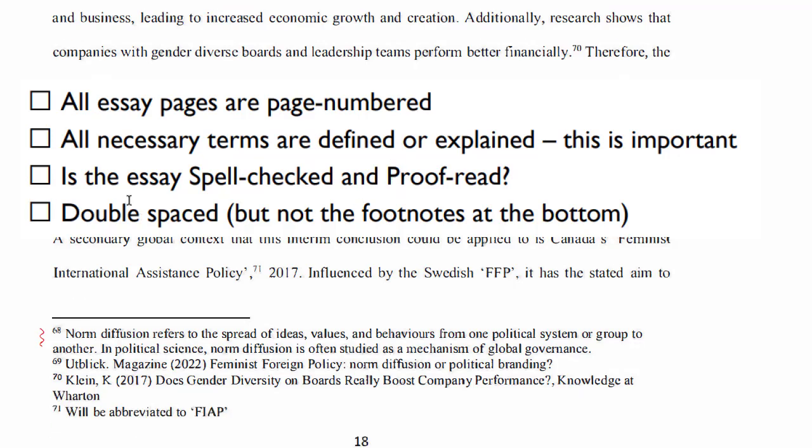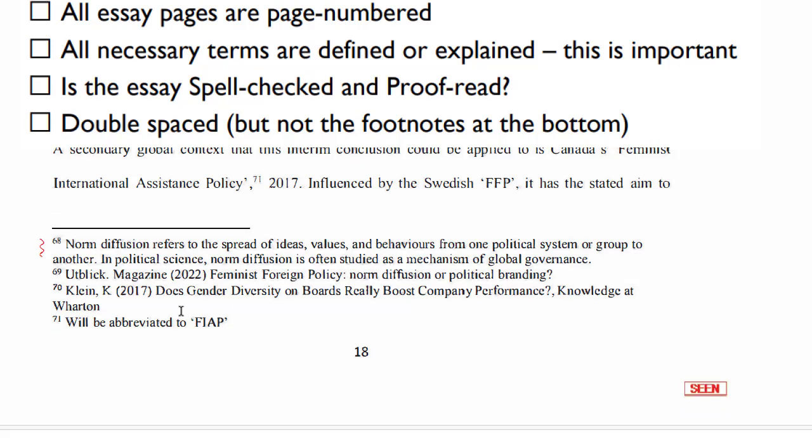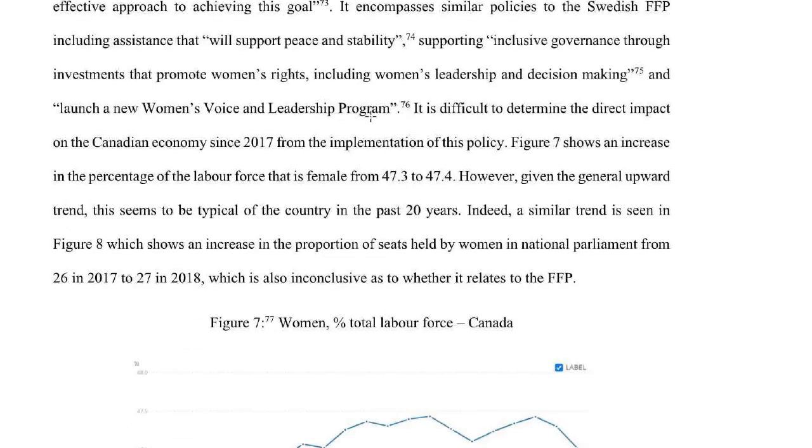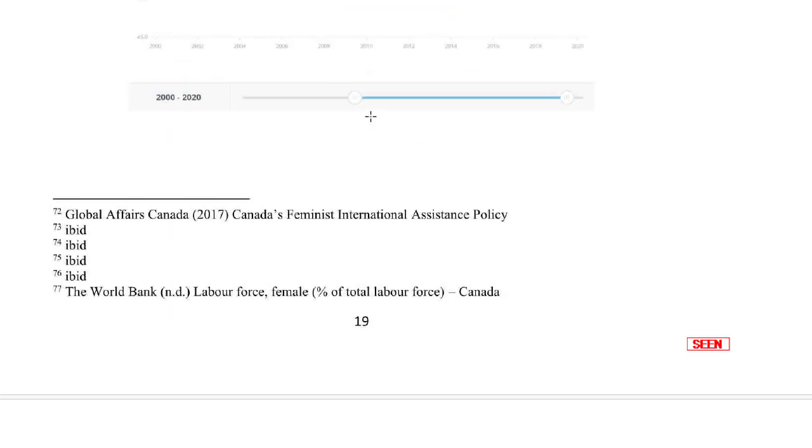Double spaced. By the way, your extended essay is aimed at the level of your friends. It is aimed at students. If they can't read your extended essay and understand it, then there's something wrong with it. Double spaced, but not the footnotes, because that really makes it go crazy. You can use up half a page just on footnotes. Pop in if you need any help with the technical side, for example.